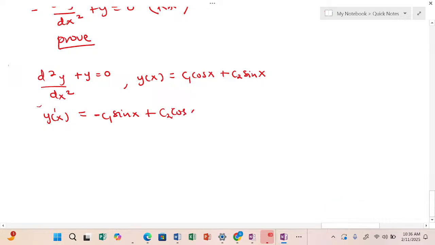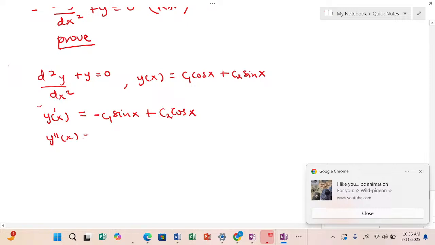cos x. Now we find y prime prime of x, and that will be negative c1 cos x minus c2 sin x. So this is what we have as our y prime prime. So now we substitute these two, that's equation 1 and equation 2, back into the differential equation up here.